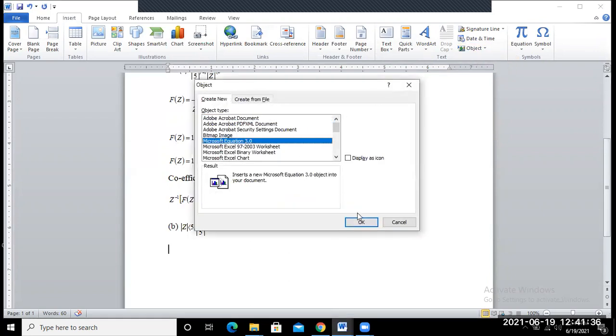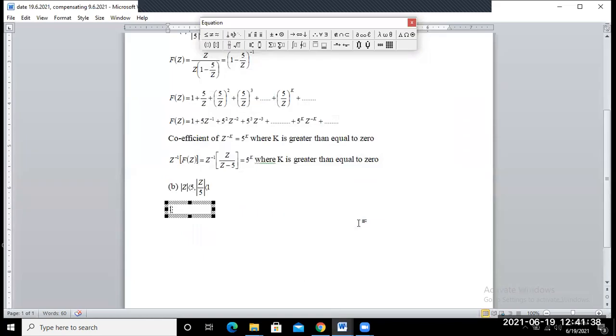F(z) equal to, take 5 common from the denominator part.